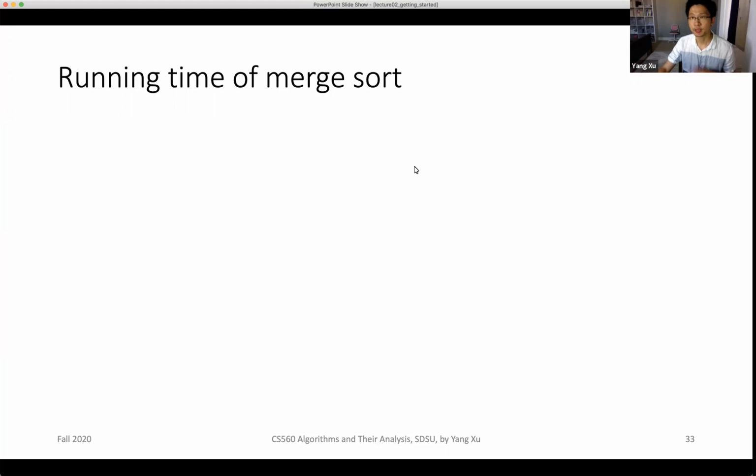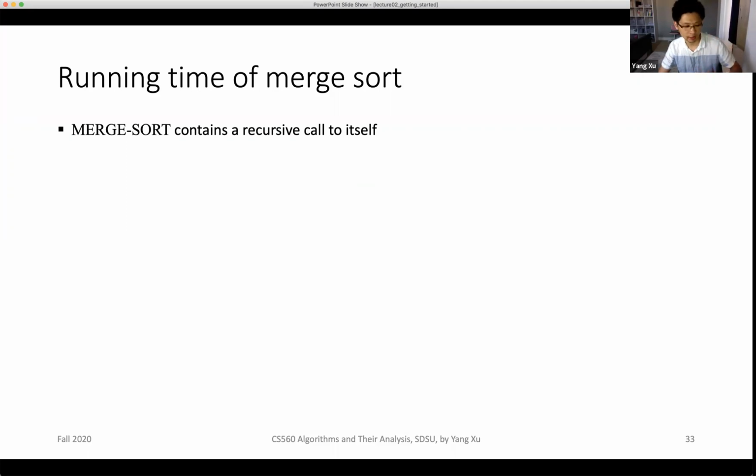We know that the merge procedure's running time is linear, but merge sort contains recursive calls to itself. So a regular technique like analyzing the code line by line is not sufficient to decide the total running time of the procedure.